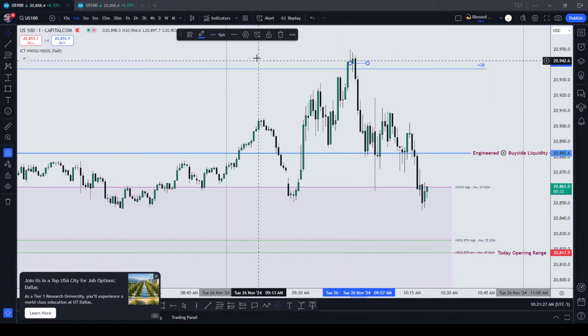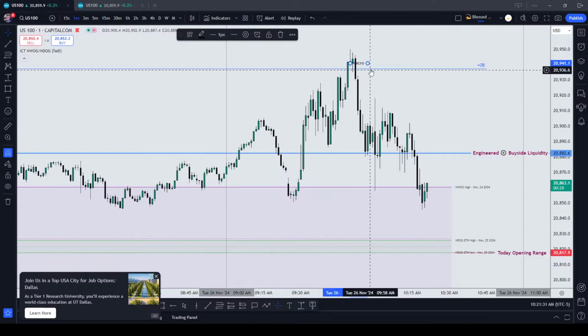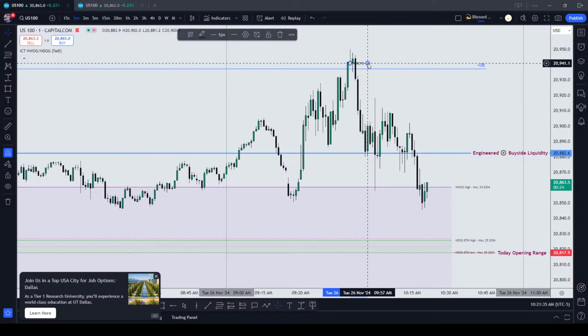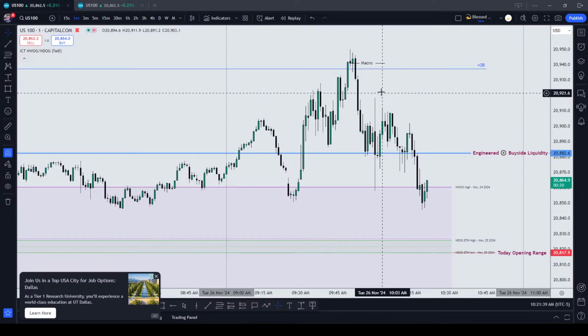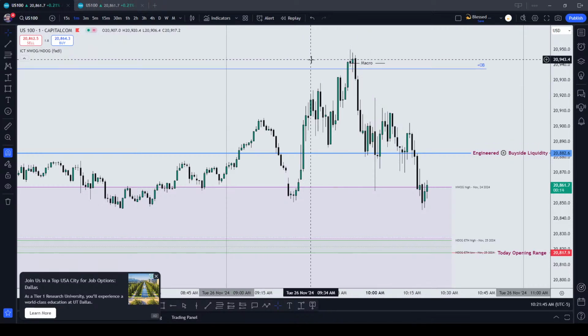Okay, so most times during the macro, okay, so price did what, tapped into a higher time frame PD array. That's on the 15 minutes order block.